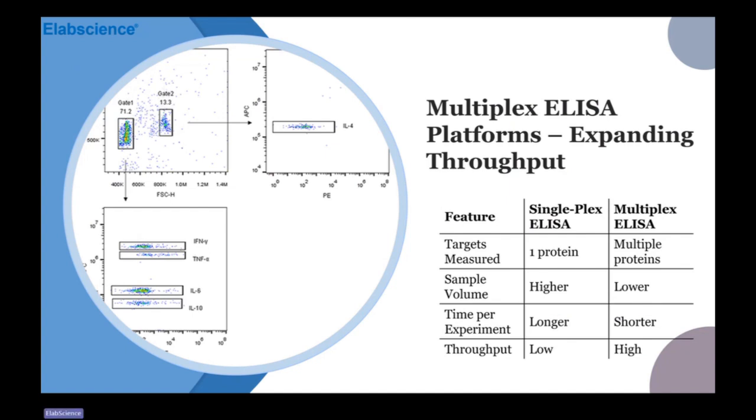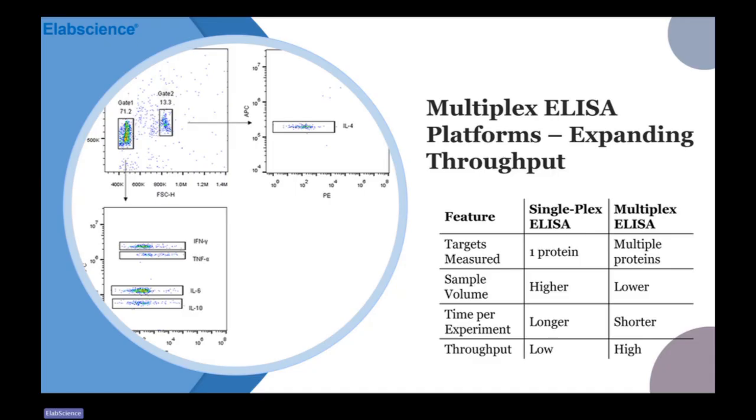As I just mentioned, our EcoPlex kit. A multiplex ELISA platform like the EcoPlex multiplex kit from Elabscience allows simultaneous measurement of multiple proteins or different indicators from a single sample. This increases throughput and conserves precious biological material.